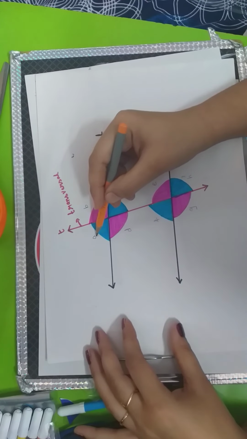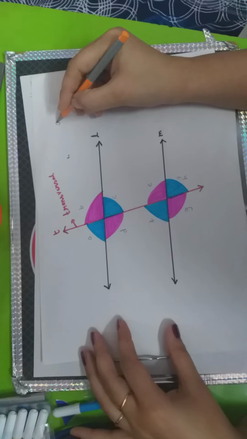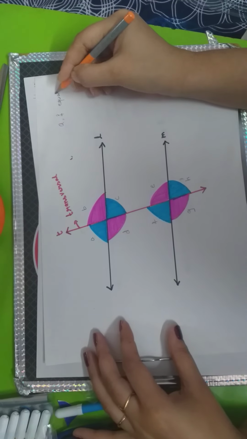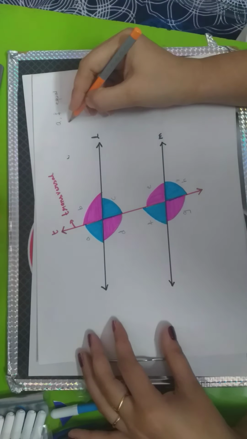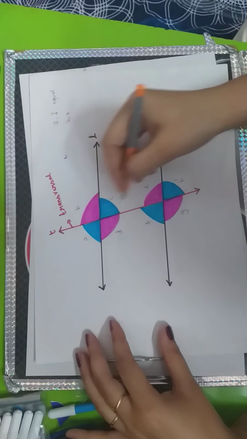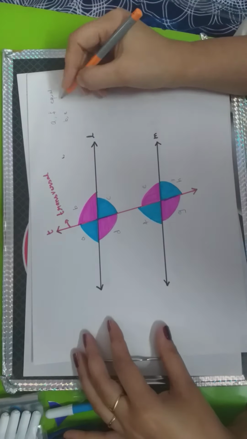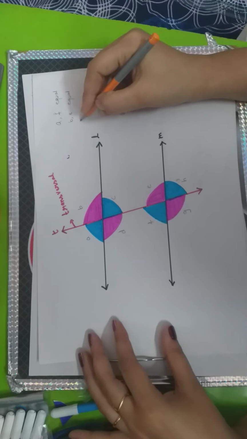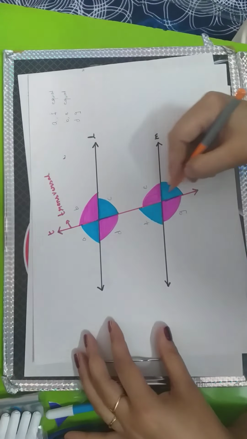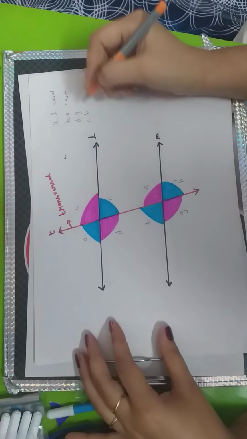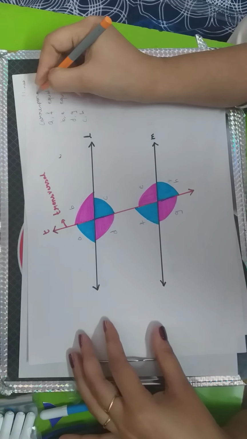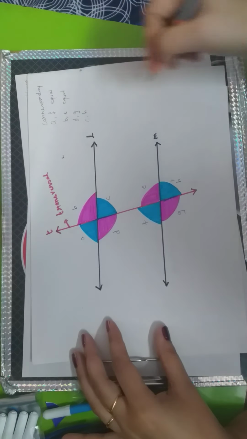Now A and F are forming corresponding angles and they are equal. B and E are again corresponding angles and equal. D and G, C and H, they all are corresponding angles and all are equal.